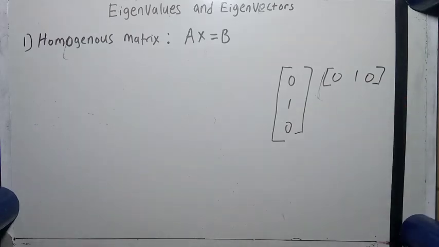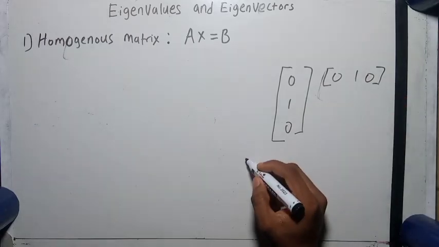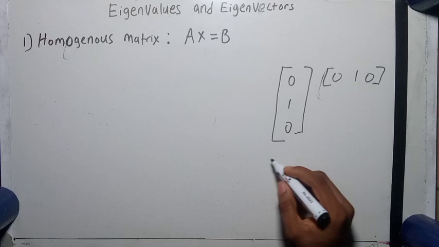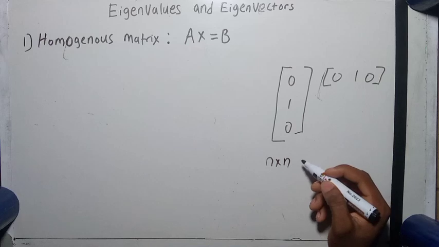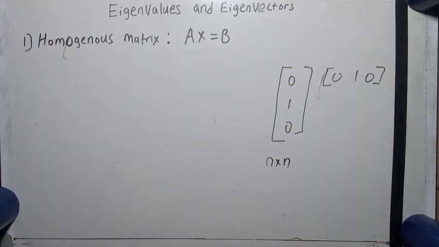By square, I mean each row and each column will have the same number of values, so we can represent it as n times what? N. So eigenvalues and eigenvectors are square matrix terminology.